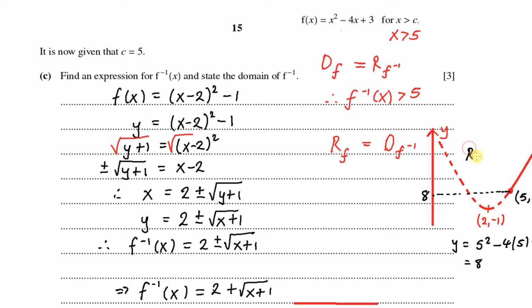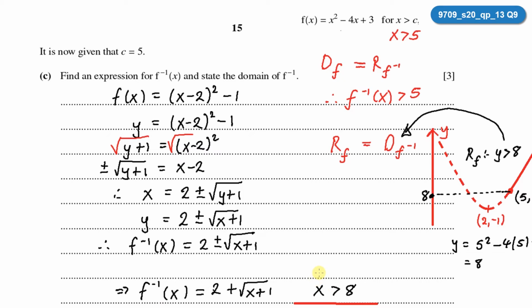So the range of the function is therefore y is greater than 8. So this range of the function is comparable to the domain of the inverse. So if the range of the function is y is greater than 8, then the domain of the inverse should come out in terms of x as x is also greater than 8. And this now is the inverse and domain of the inverse. And that's how we do it.